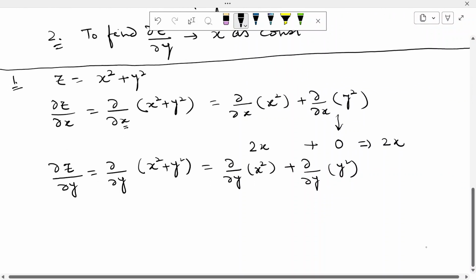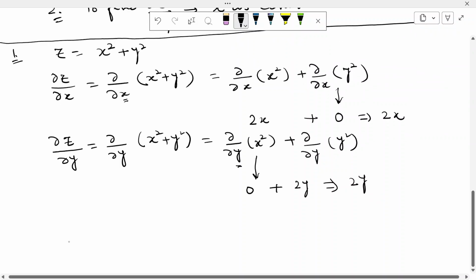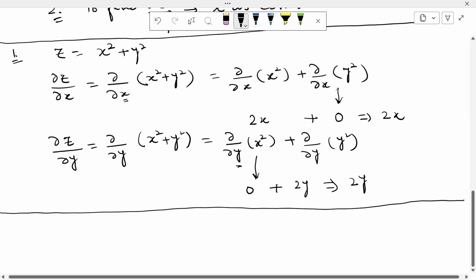Because we are performing the differentiation with respect to y, the first comes out as 0, and the derivative of y square with respect to y is 2y. So this comes out as 2y. This is how we can find the partial differentiation. We have to consider all the other variables as constant except the variable with respect to which we are performing the differentiation.